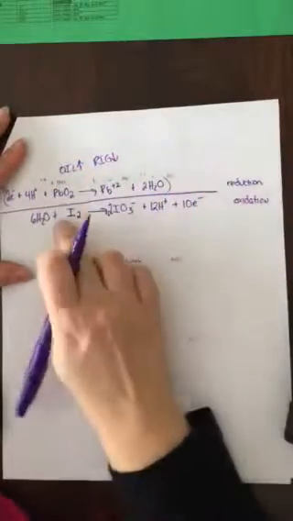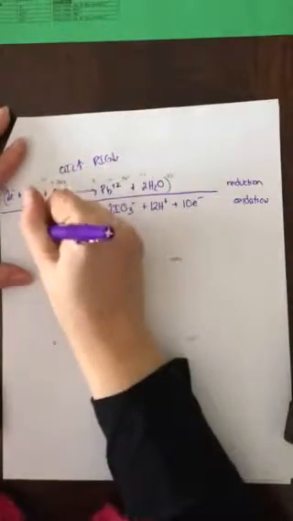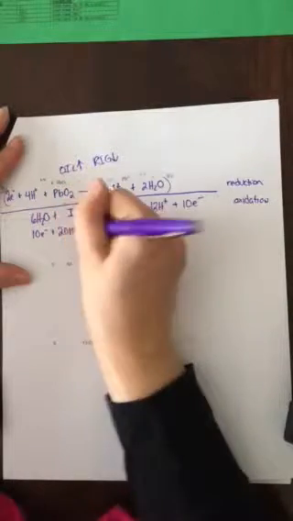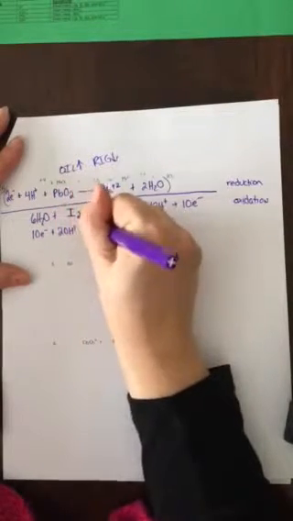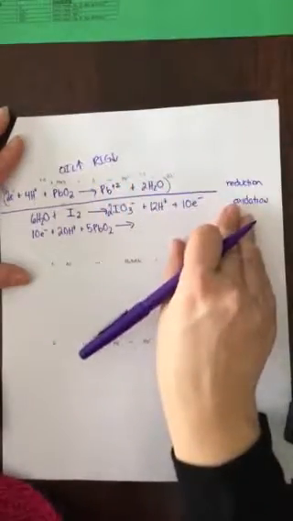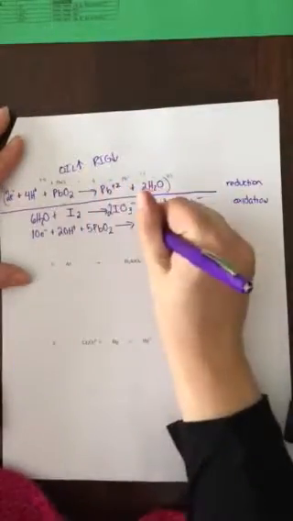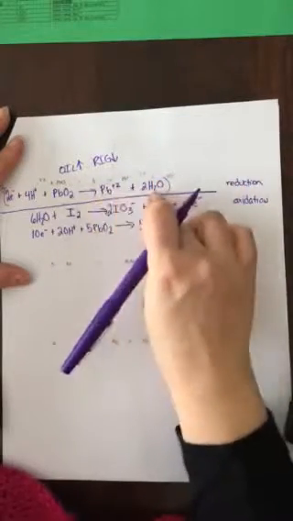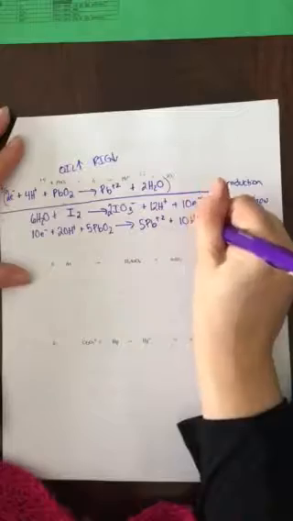So I'm going to draw a line, because this one's good, and I'm going to bring this down. 10 electrons plus 20 H+ plus 5 PbO2, arrow, so now I'm going to the product, 5 Pb+2 plus 10 H2O.